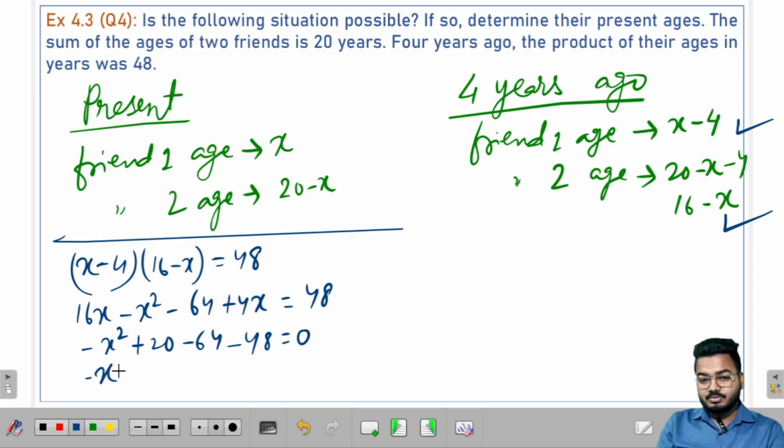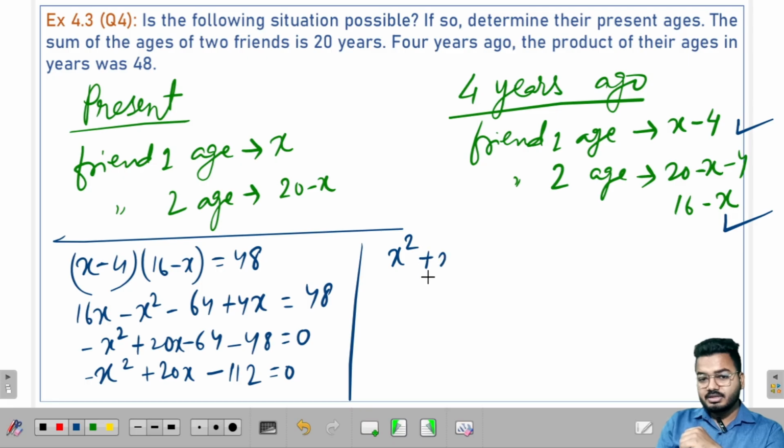So minus x square plus 20x and 64 and 48, I'll get 112. Okay, so minus 112 is equal to 0. If I rearrange it, I'll get x squared minus 20x plus 112 is equal to 0.